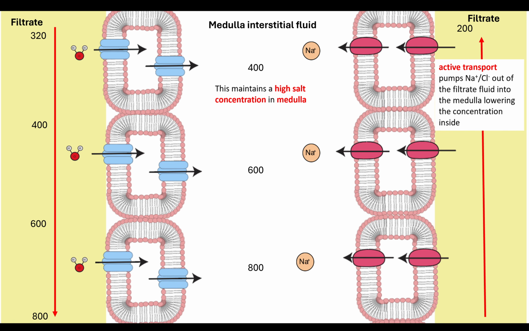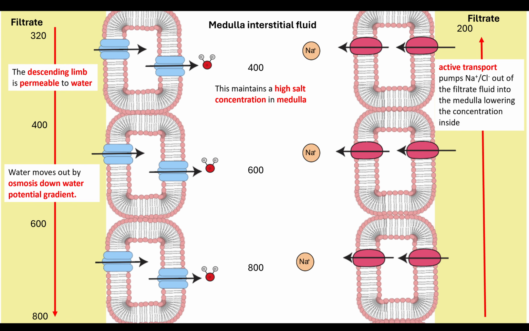Because we have a high salt concentration, and because we remember that the descending limb is permeable to water, that's going to mean that the water will move out of the filtrate into the interstitial fluid, and it's going to move by osmosis, down its water potential gradient.